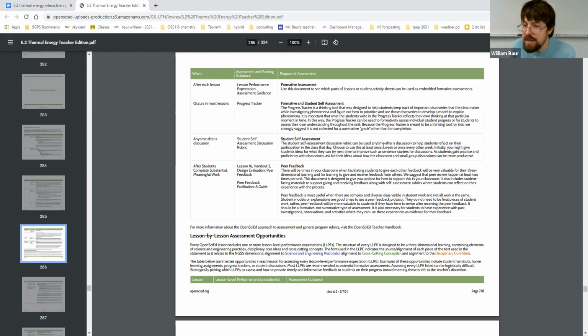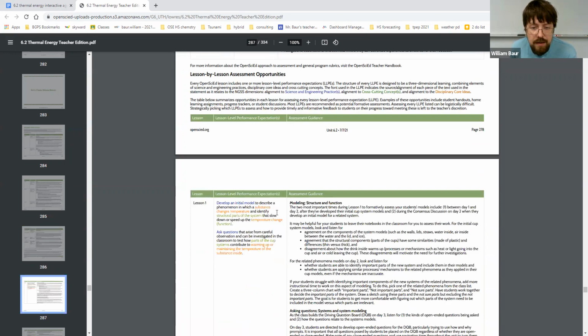There are self-assessments that occur, especially during discussions, to talk about how you followed the norms, or what you learned, and what sentence starters you are going to try for the next discussion. And then there are opportunities for peer feedback as well, which is seen in lesson 16.